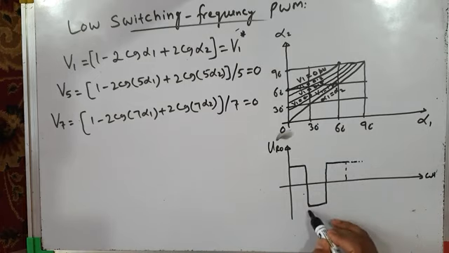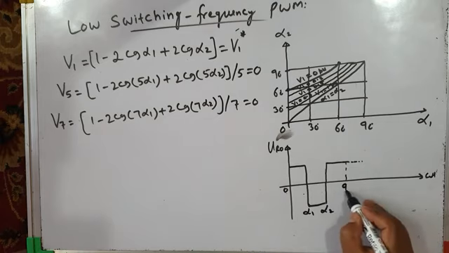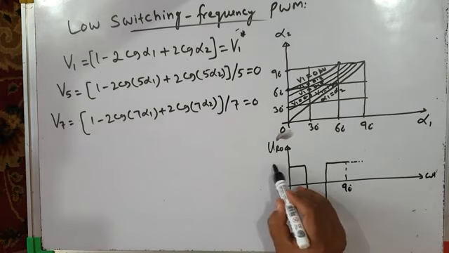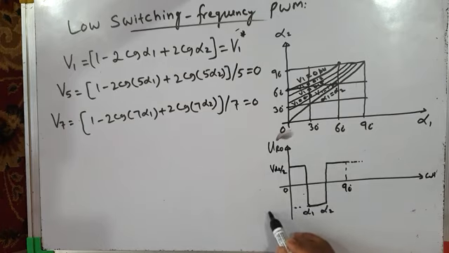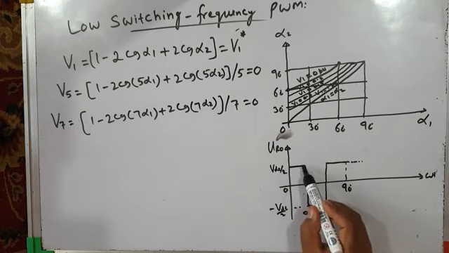So this is the switching angle alpha 1, this is switching angle alpha 2, and this is 90 degrees. So this is the pole voltage. It is plus VDC by 2 and here minus VDC by 2. So here we go from minus VDC by 2 to plus VDC by 2.